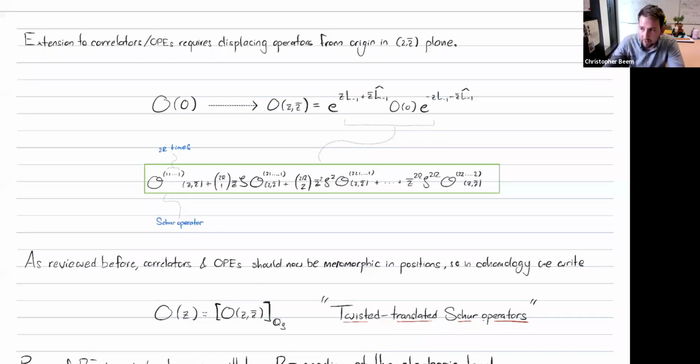The reason for that is that I have to replace my z-bar dependence. Instead of depending through my usual anti-holomorphic derivatives, I need this twisted version of the SL2 bar acting in the z, z-bar plane.